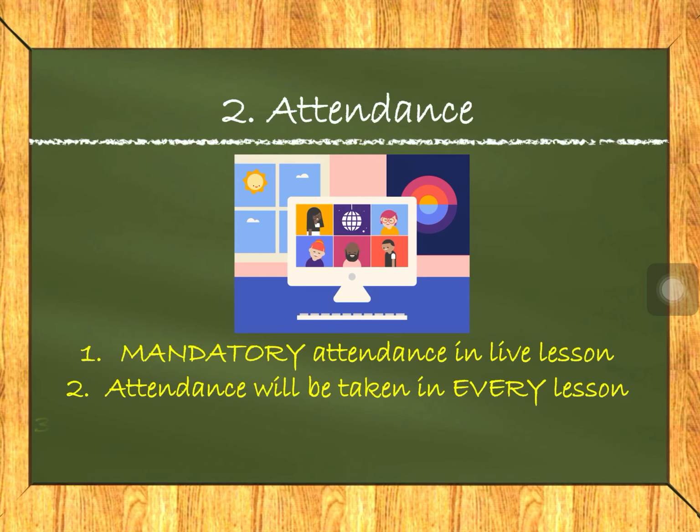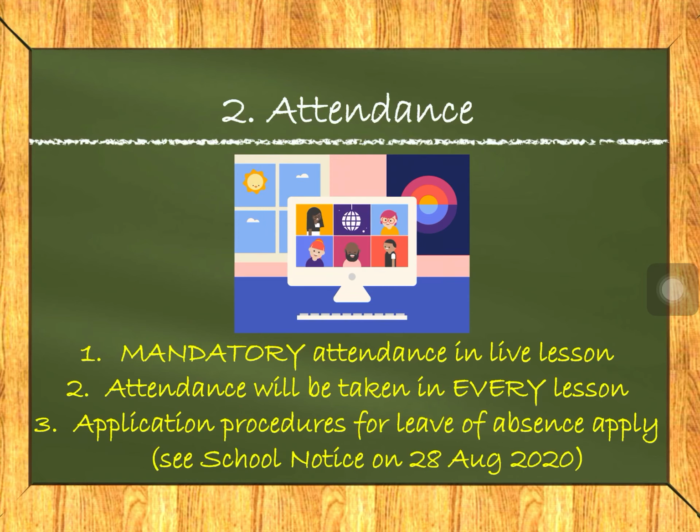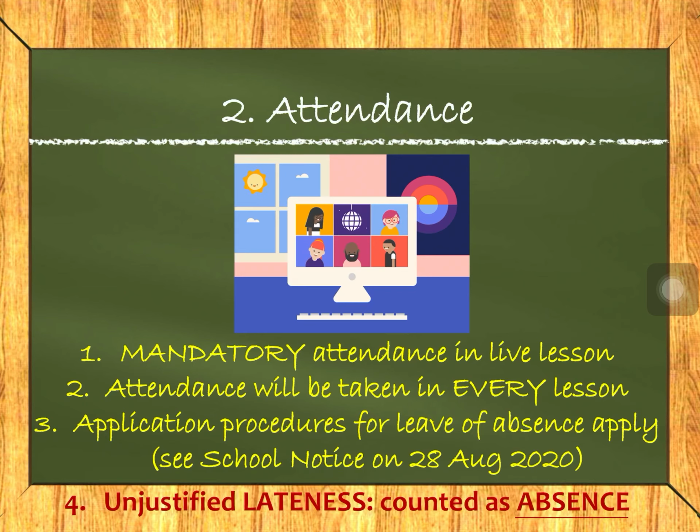If you are ill or for some reasons unable to attend a lesson, you must follow the school's application procedures for leave of absence, the details of which I will not repeat here. You can refer to the e-notice issued on the 28th of August. One thing you need to note is that unjustified lateness, whether you are a bit late or you are extremely late, both will be regarded as absence.